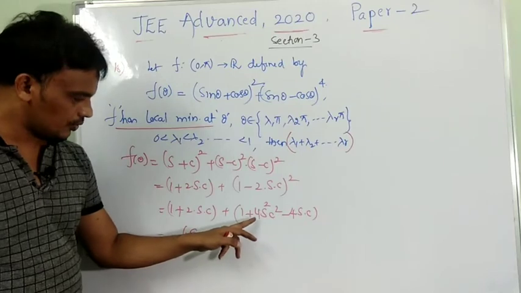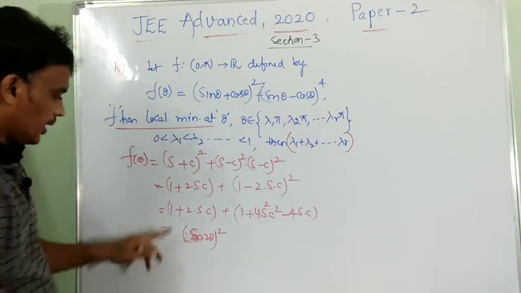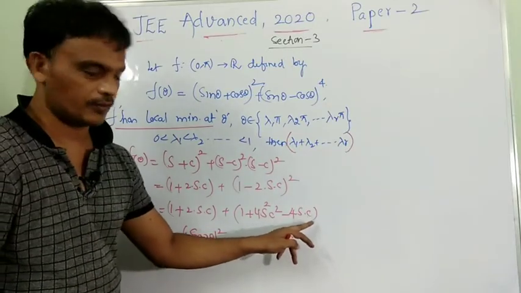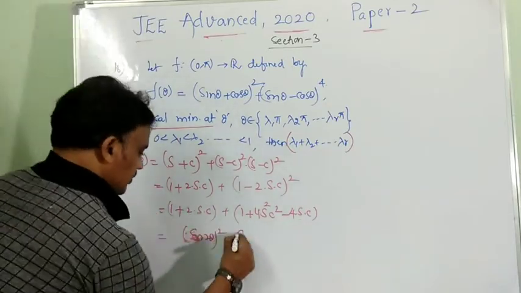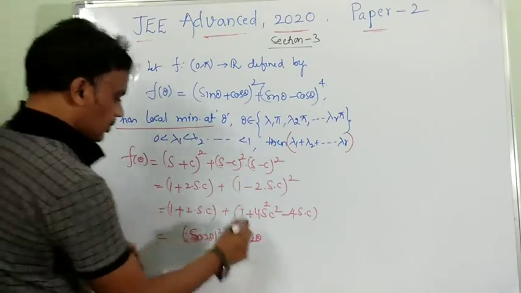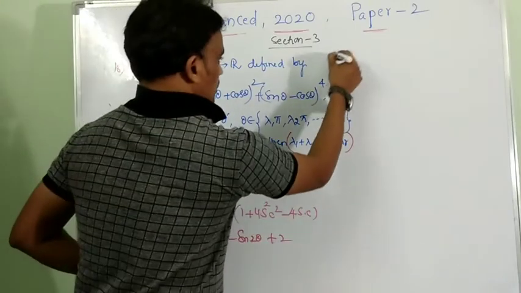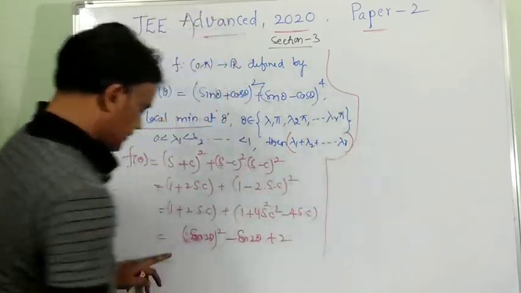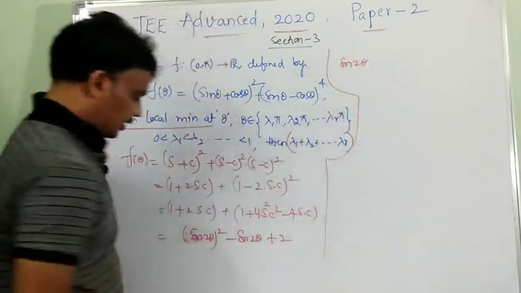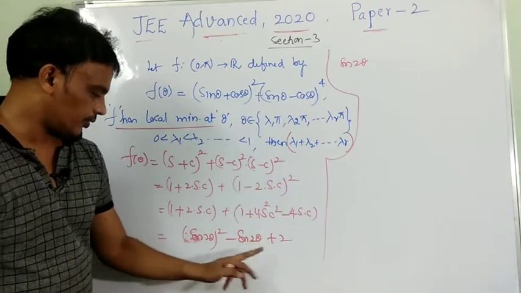Am I right? 4 sin square theta cos square theta, so 2 sin theta cos theta whole square, sin 2 theta whole square, right? And minus 2 times sin 2 theta, that is minus 2 sin 2 theta, and plus 1 plus 2. So we are going to write it like this: this is sin 2 theta, multiply with 2, dividing with 2, and 1 by 4.